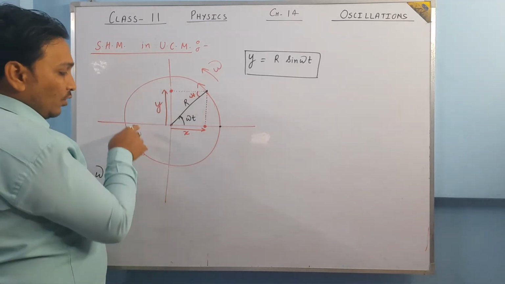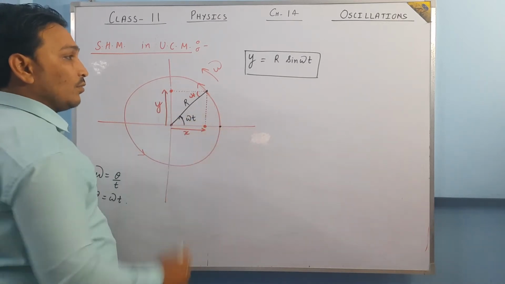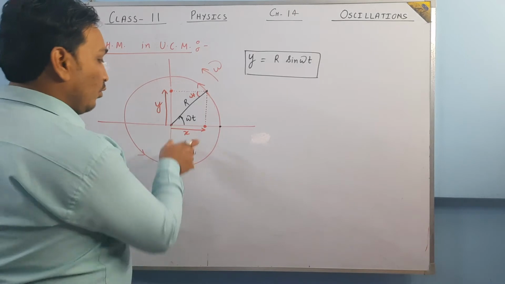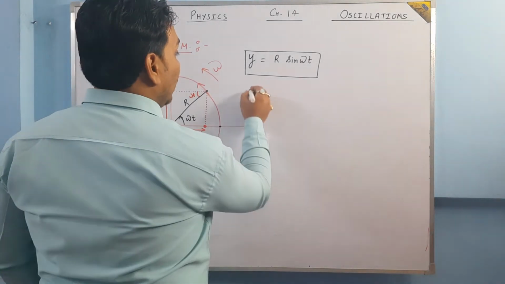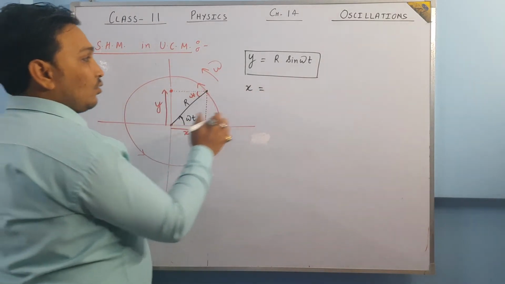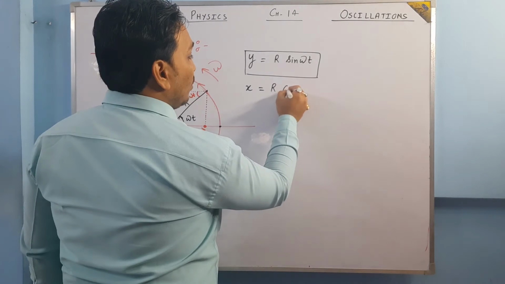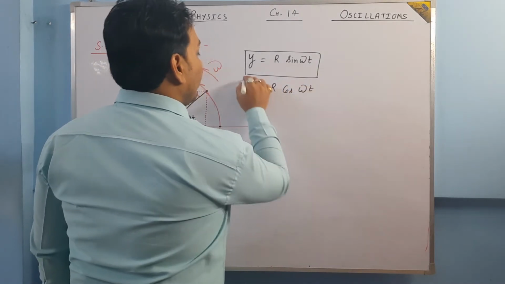Particle goes this side, projection comes again to the mean position. If I want to calculate the value of x, say this is your omega t, this is a right angle triangle, this is the base. So I can write x is equal to r cos omega t.